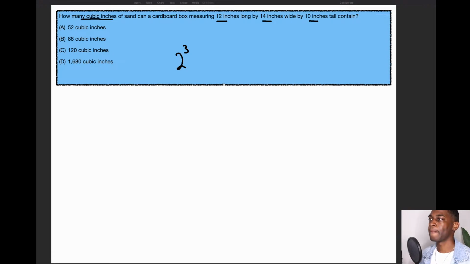I'll be honest with you, this is the same exact question that we did last time. We used the same formula, length times width times height, and we have the same variables, which are 12, 14, and 10.